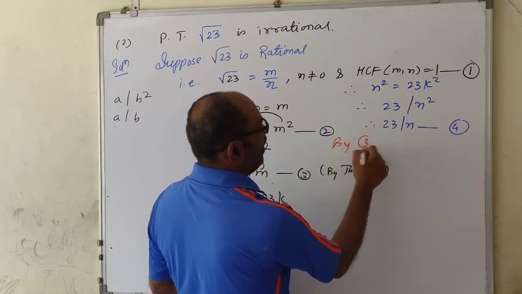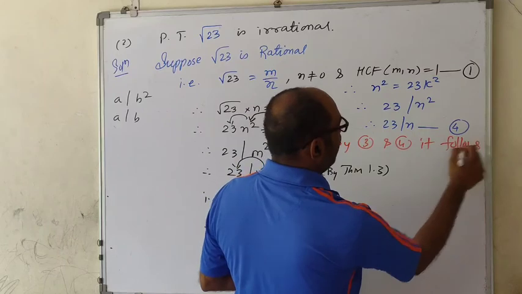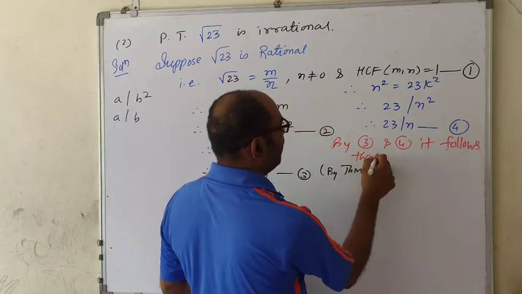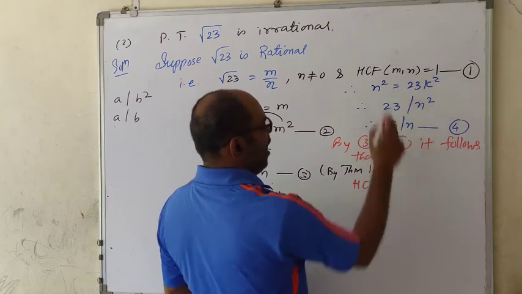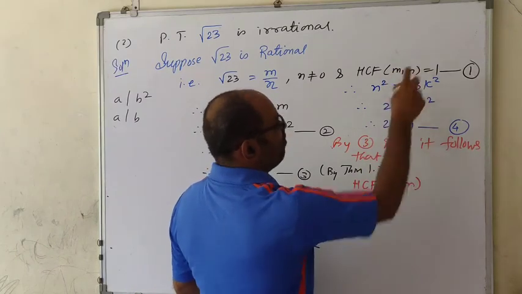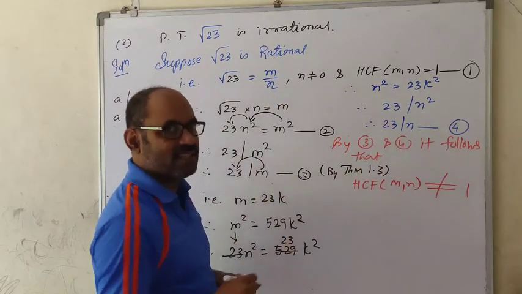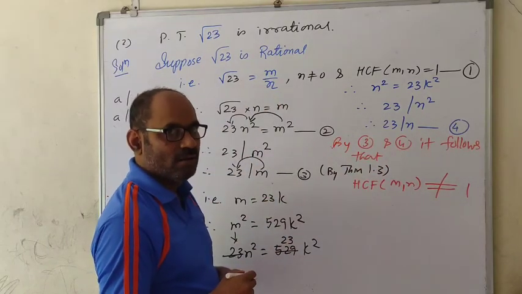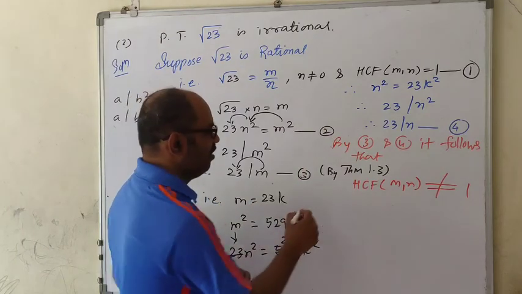By 3 and 4, it follows that the HCF of M and N, which we said was 1, is not 1. By 3 and 4, HCF is not 1. If that is not 1, there is a contradiction.